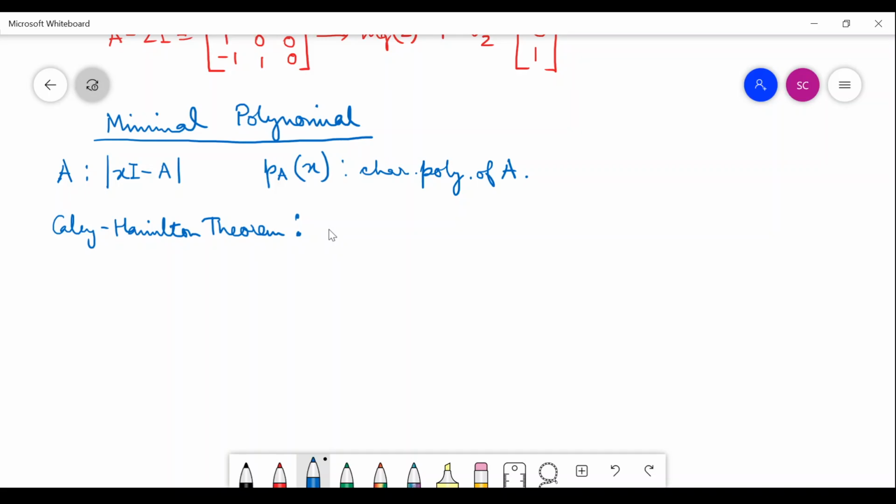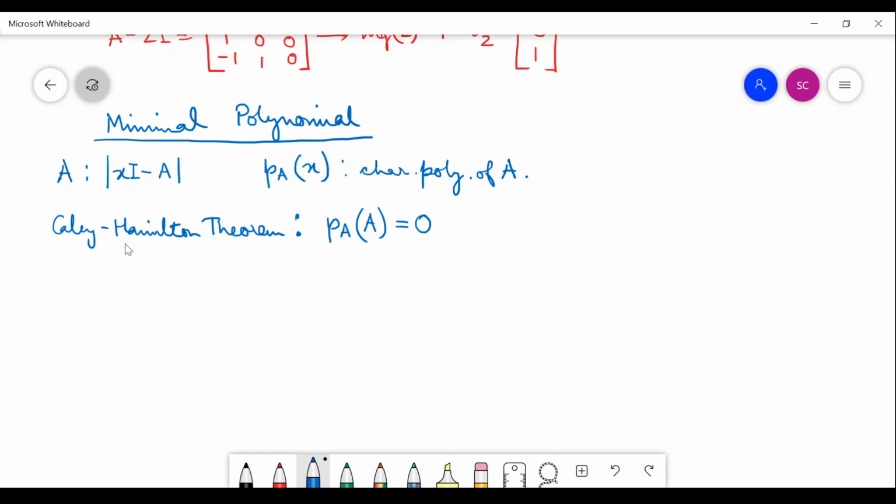Satisfying the polynomial means that when you put that value, so if you put A instead of x, where x is any variable, you can place a matrix now instead of the scalar variable, then it satisfies, meaning it becomes 0. So the matrix A satisfies its own characteristic polynomial. That is what it is, and it is very easy to see from here. If you just put A here, this will basically be 0.